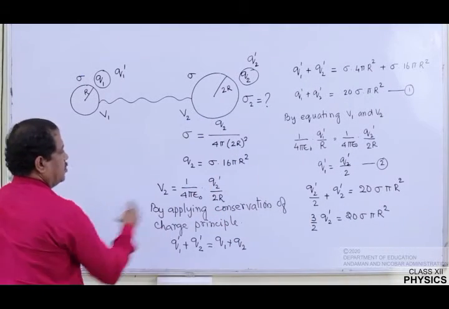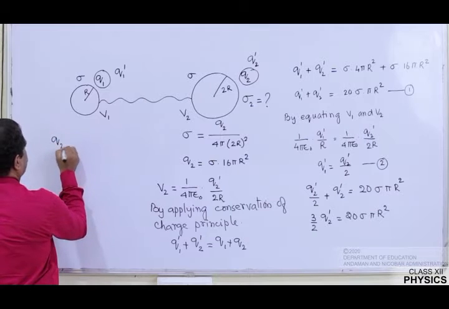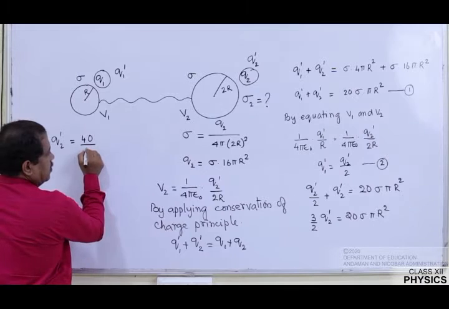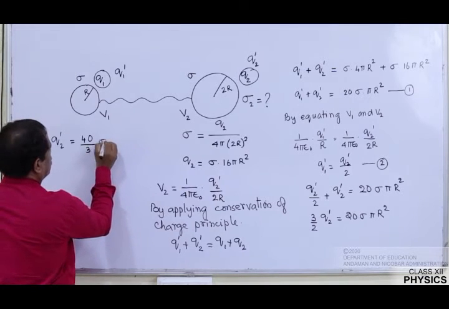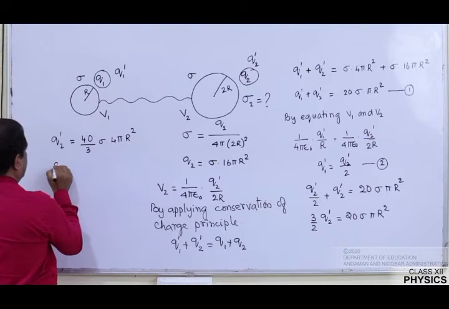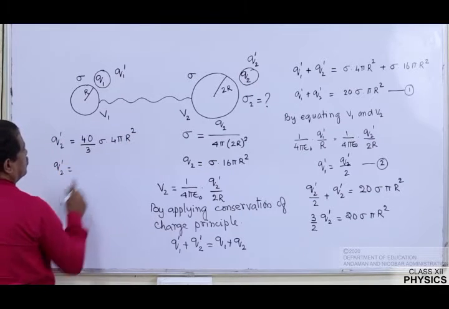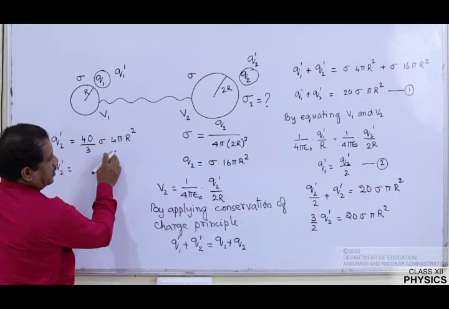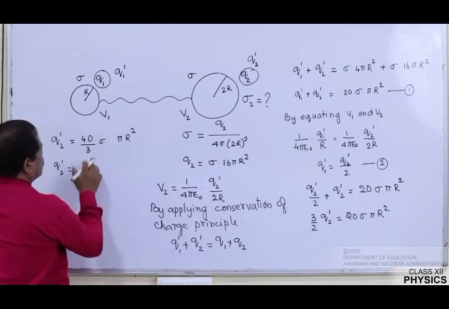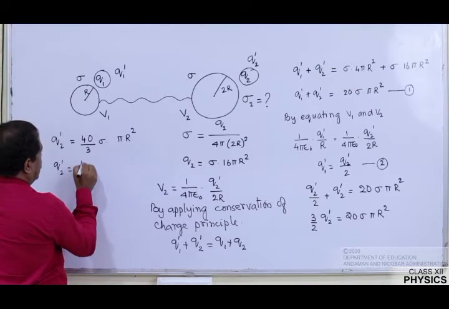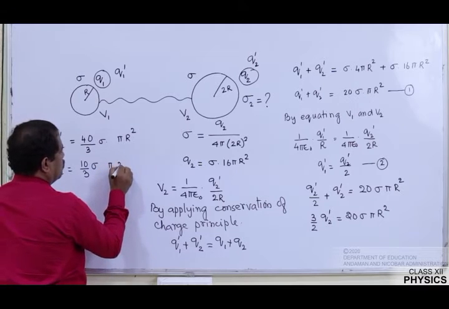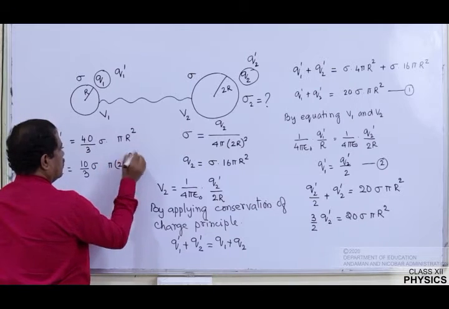I rewrite this expression: q2 dash is equal to 2 times 20, that is 40 by 3, into sigma into pi r square. So I write 10 by 3 sigma pi 2 times r the whole square.